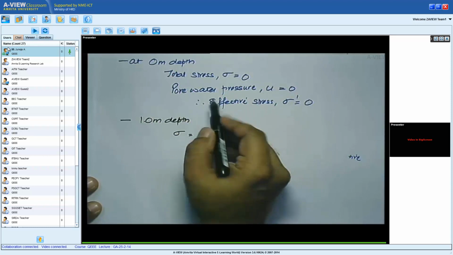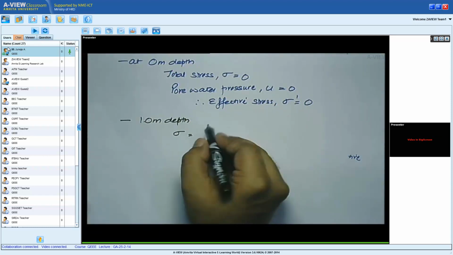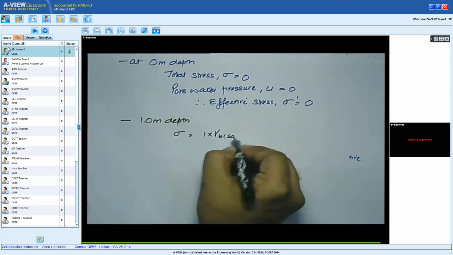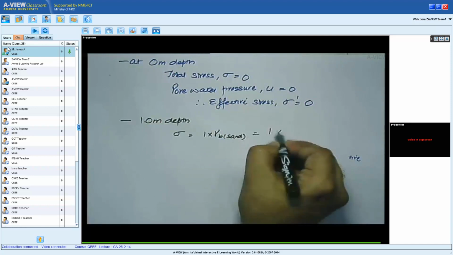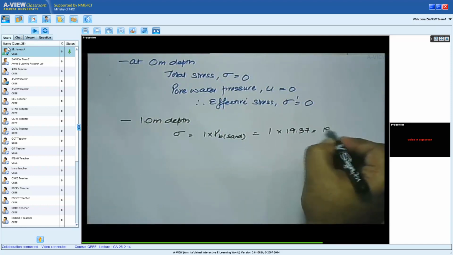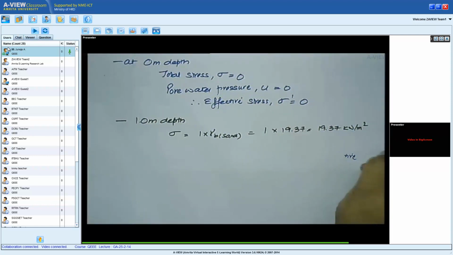The total stress at 1 meter equals the depth times the gamma bulk of sand. So that equals 1 times 19.37 equals 19.37 kilonewton per meter square or kPa.